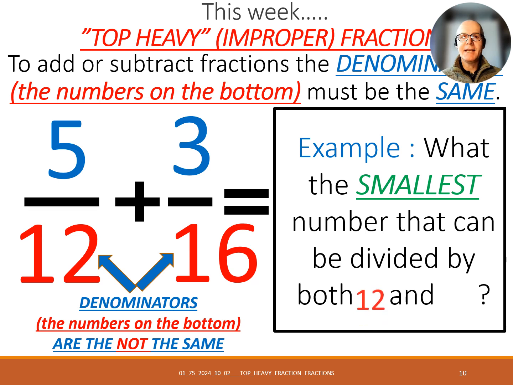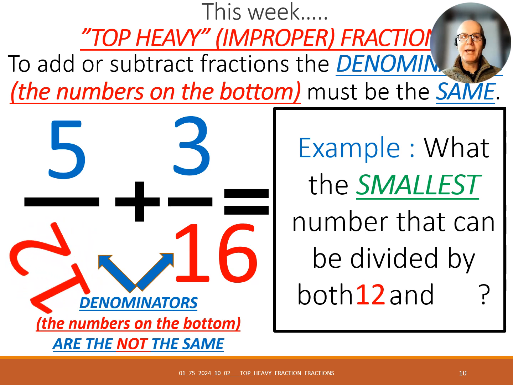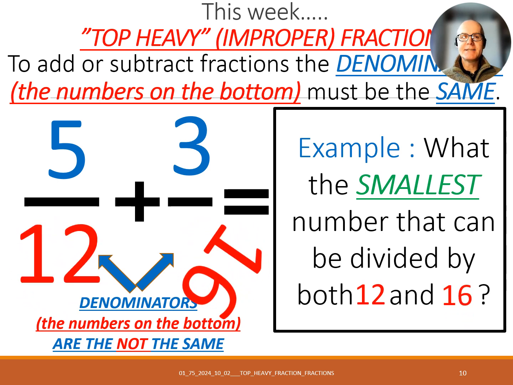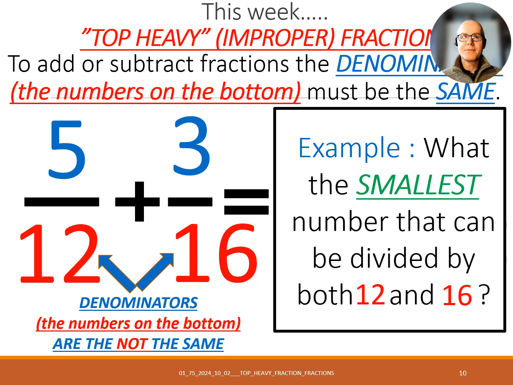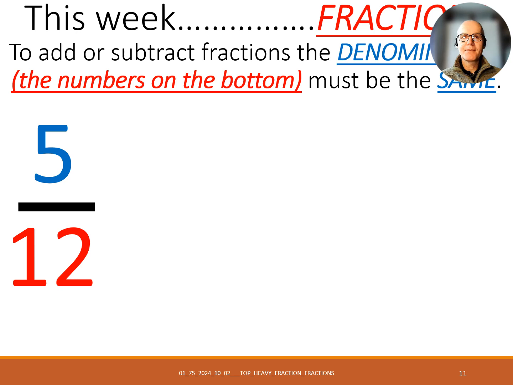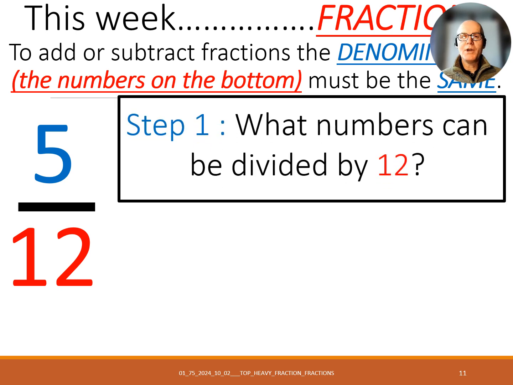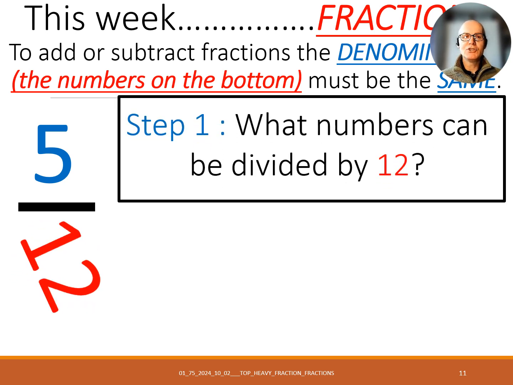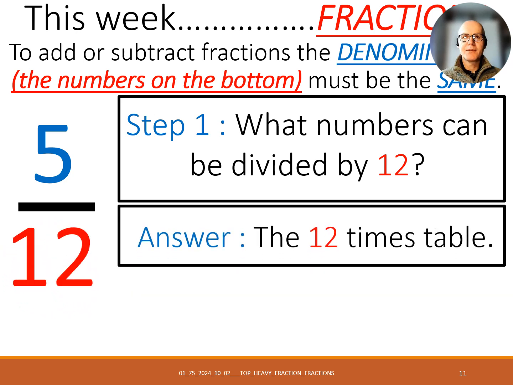So what we need to find is the smallest number that can be divided by both 12 and 16. What numbers can be divided by 12? The answer to that is the 12 times table.